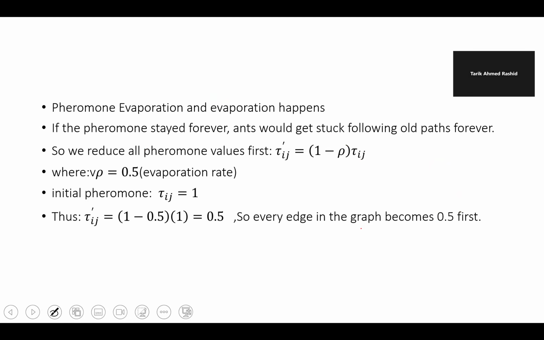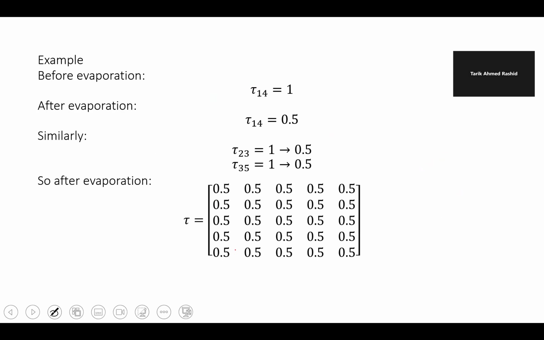So 1 minus 0.5 multiplied by 1. The pheromone for each edge in the graph will be 0.5. So that is the pheromone graph that we have. It was all 1 when we started, remember, and now became all 0.5 because 1 minus 0.5 is 0.5.